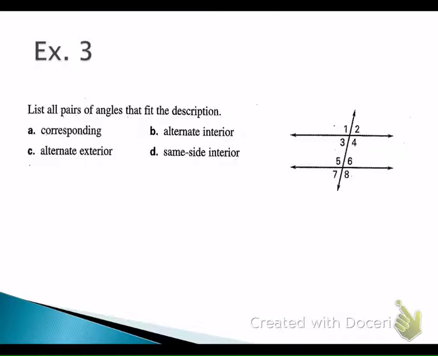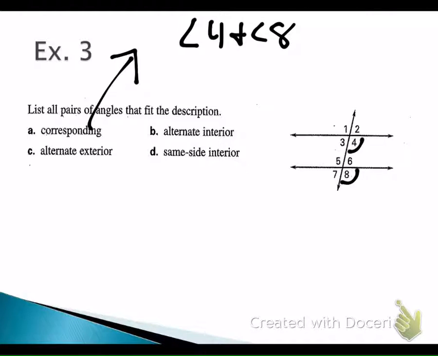So looking at these angles, I want to list all pairs of angles that fit the description. So I'm going to do the corresponding up here. So can someone give me a pair of corresponding angles, so they're in the same position? Yes. 4 and 8 will work. Good. So I will say angle 4 and angle 8. There are 3 more pairs.